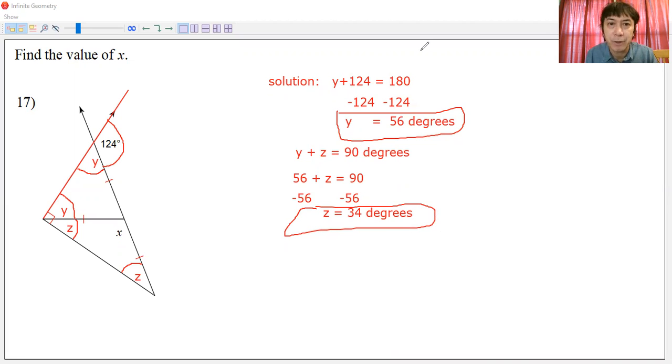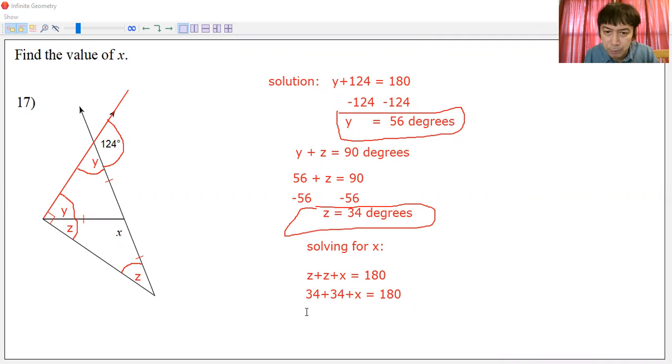We can now make use of the other triangle, solving for x now. We have z plus z plus x must be equal to 180. Now we make use of the value of z. That means 34 plus 34 plus x is equal to 180.